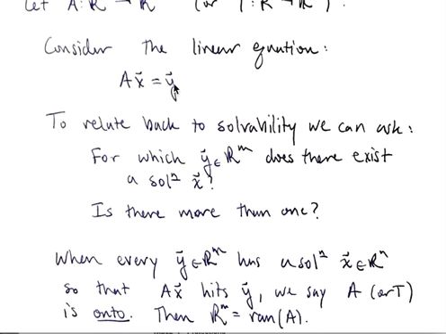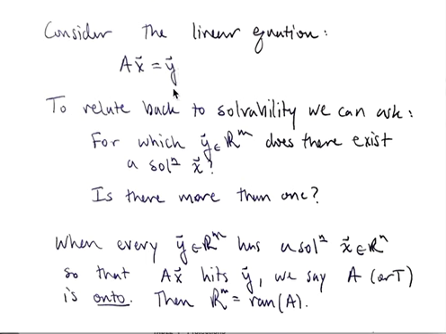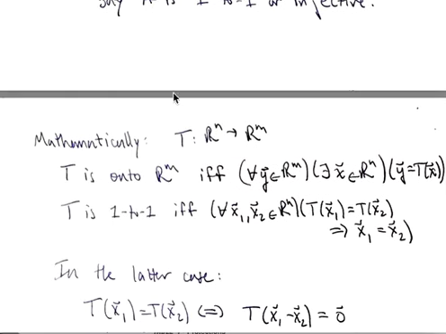So if you start on the right-hand side, if you were to have two different x's which map to that particular y, that would violate injectivity. So when we want to define injectivity or one-to-oneness, what we're saying is that whenever T of x1 equals T of x2, whenever the images are equal, then the original points where they emanated from have to be equal.